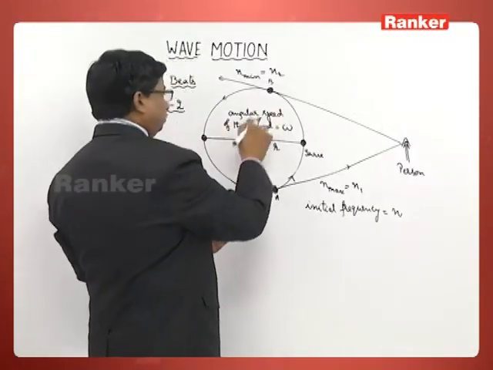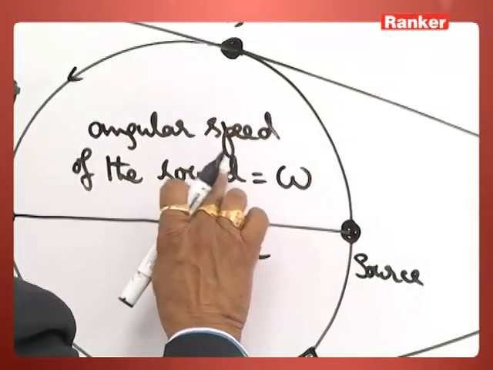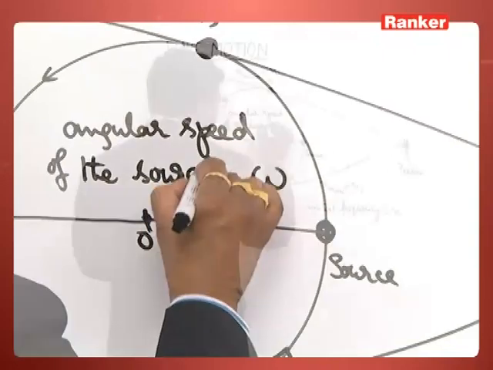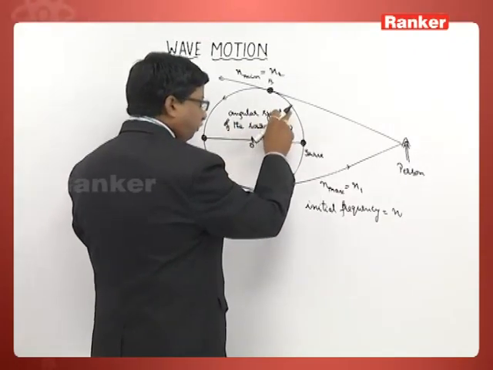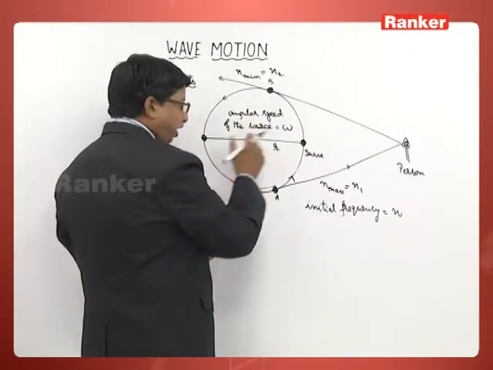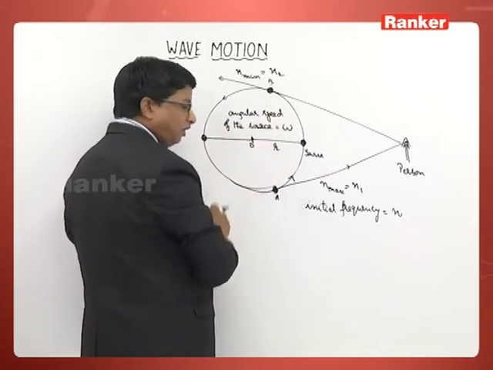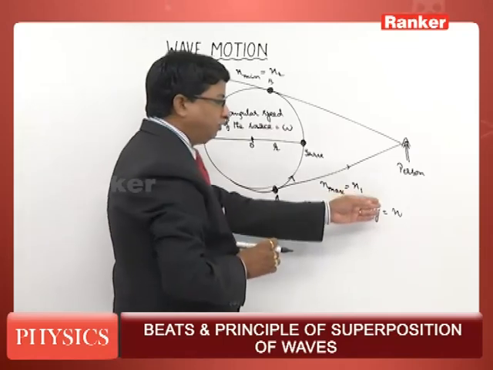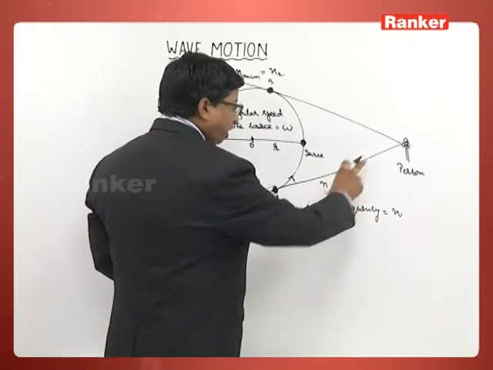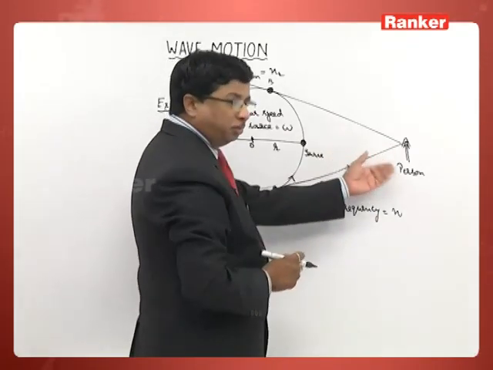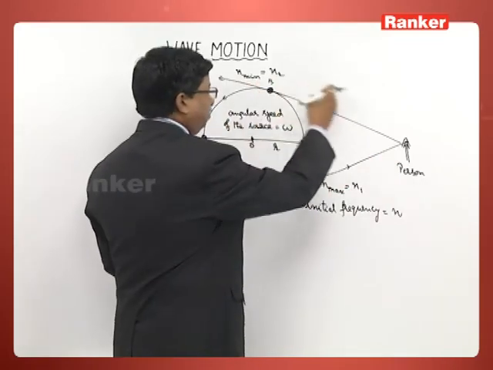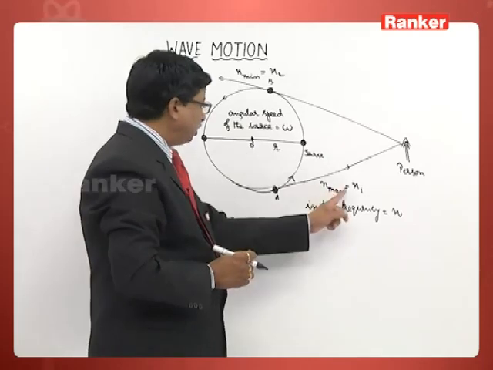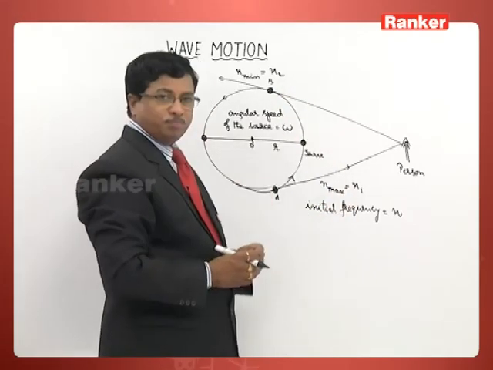Angular speed of the sound producing source is omega, radius of the vertical circular path is R, initial frequency of the sound producing source is N. N1 is the maximum frequency of sound heard by the person and N2 is the minimum frequency of sound heard by the person. I now can calculate these two values.